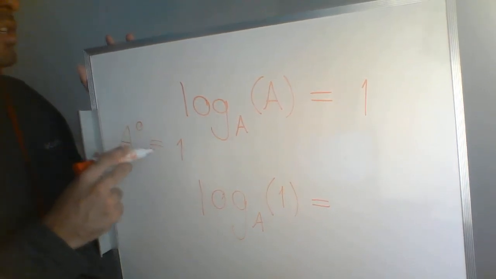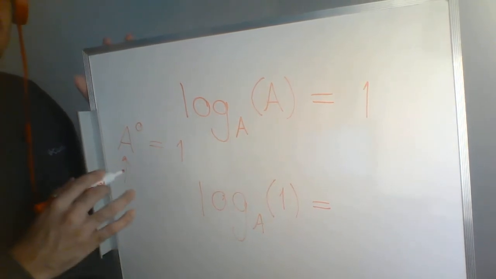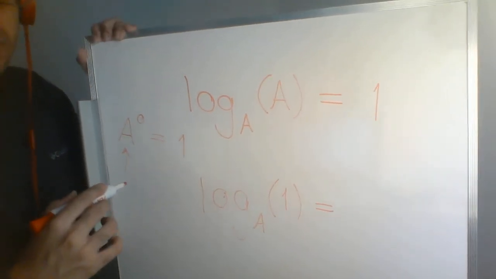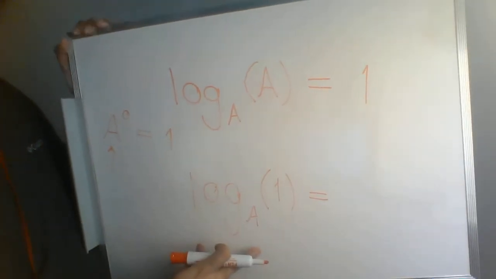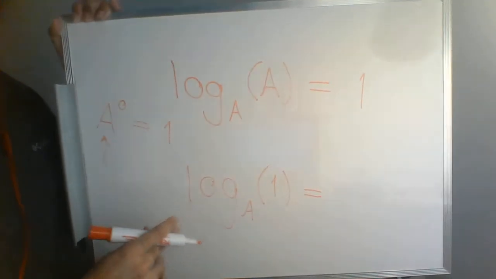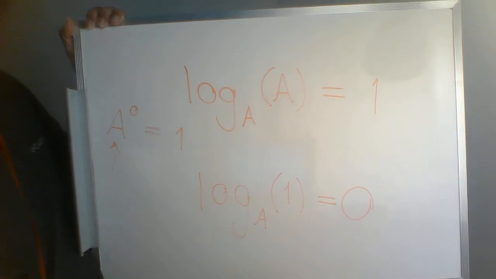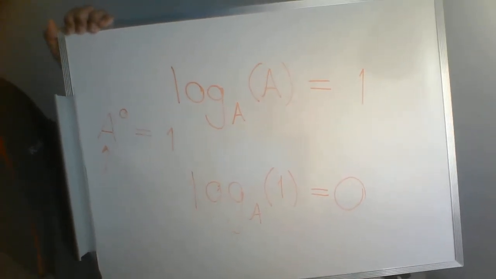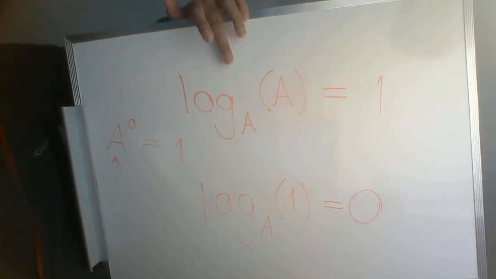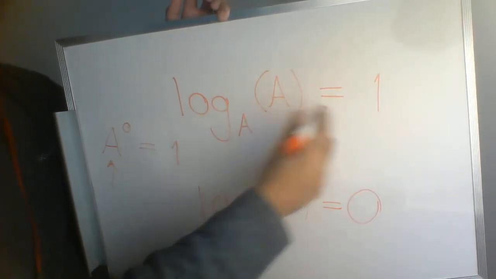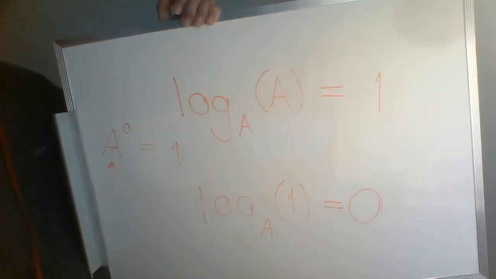A to the exponent 0 is going to equal 1 no matter what this a is. So if it wasn't true for all the numbers, then we wouldn't be able to put an a here like that. So those are two properties that we saw of logarithms last time: log base anything of 1 is going to equal 0, and log base anything of itself is going to equal 1. So those are the things that we saw last time out.